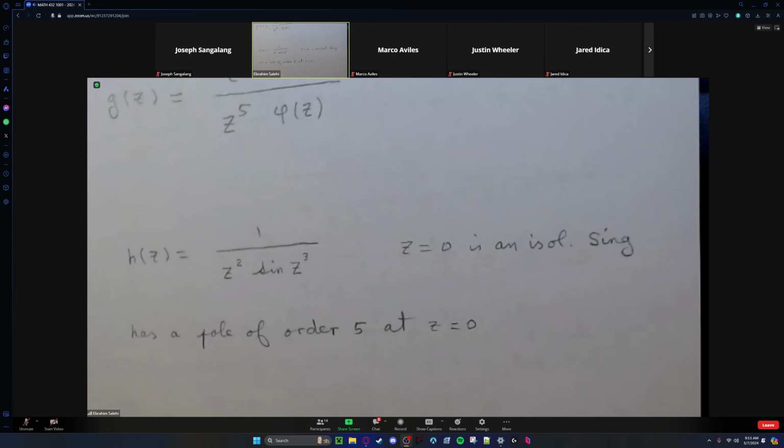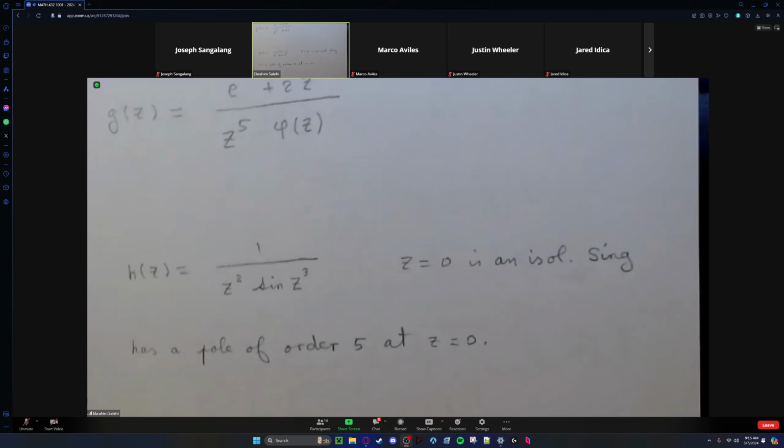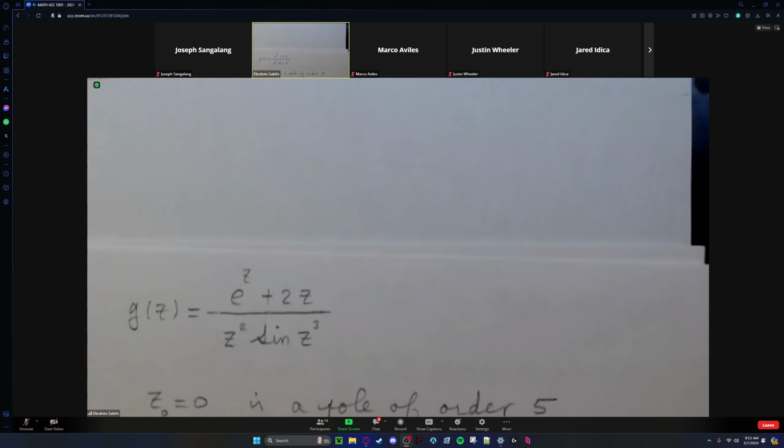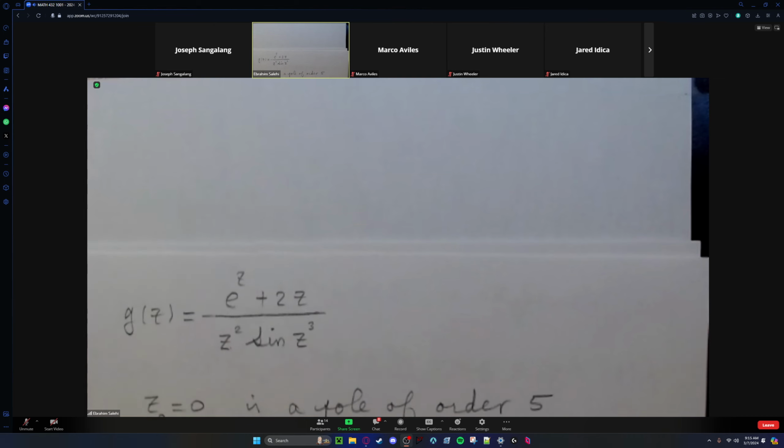Okay, all right, good. So now you know the relationship between zeros and poles. Anyways, here is another example.